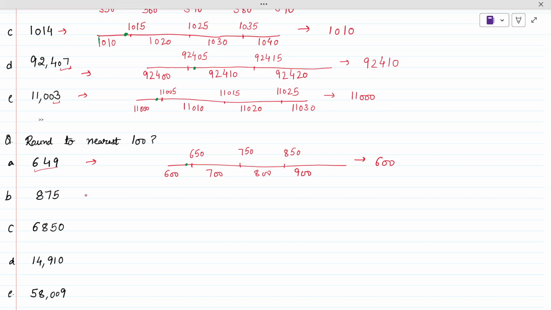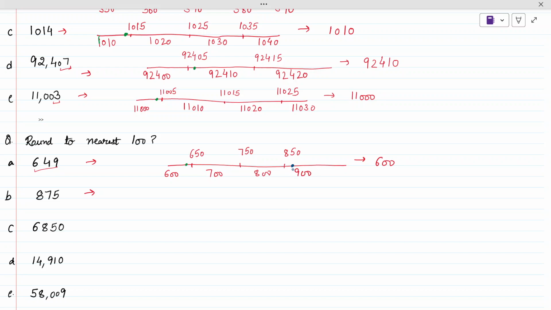Similarly, in the next question, we can start from here, 875. I am taking the same example. I am marking this with blue. Okay. So in the same number line, I can mark 875, which will be somewhere here.